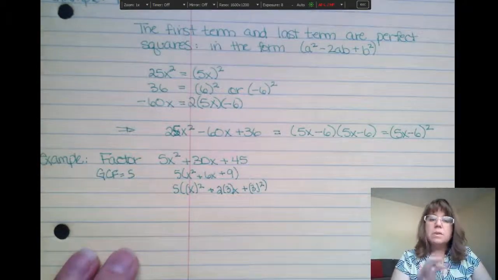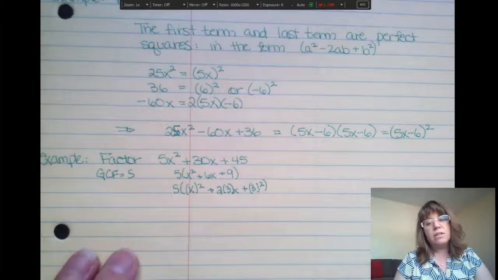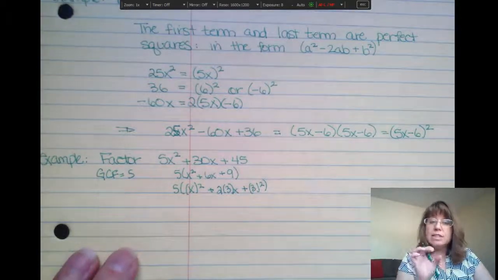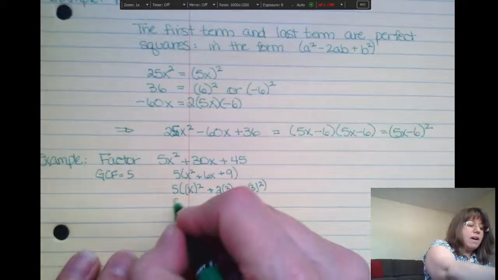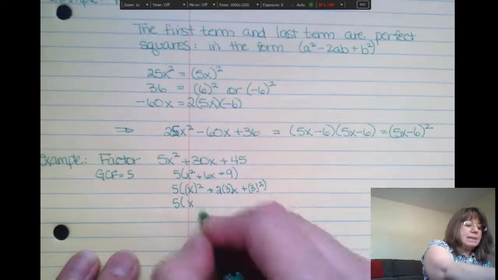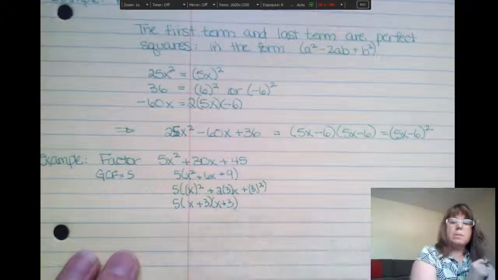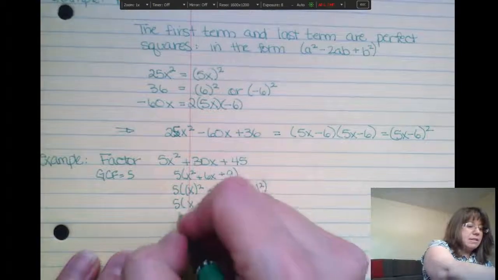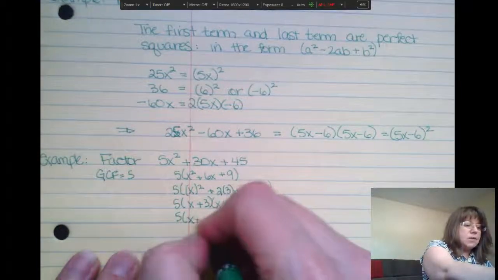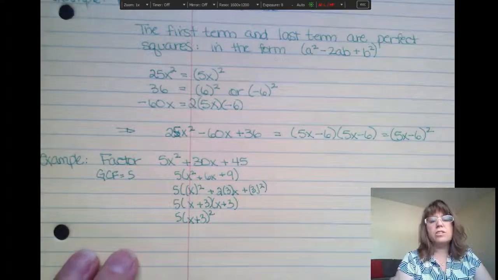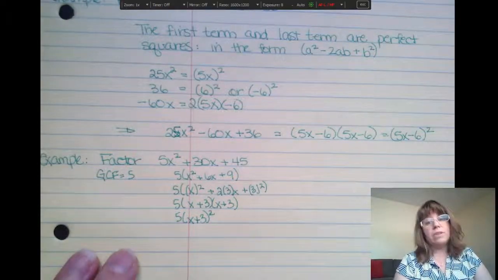Because I know it's a perfect square, it's addition of two quantities that are the same quantity. It's the addition one. So I have 5x plus 3 times x plus 3, but that really is 5 times x plus 3 quantity squared. Now you can check this, you can go back FOIL it, and you should end up getting right back to 5x squared plus 30x plus 45.